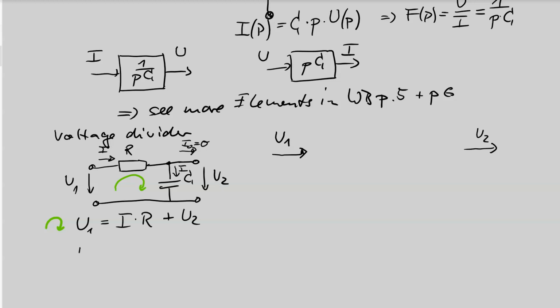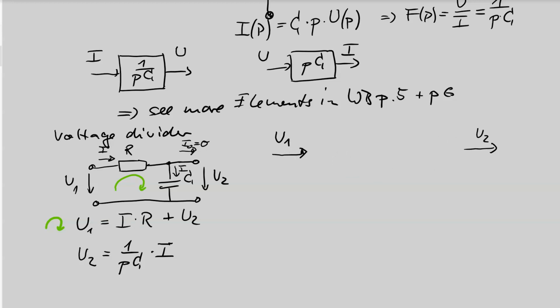So we can say U2 is 1 over pC times I, or I is U2 times pC. So the first step is done, the physical laws are set up.